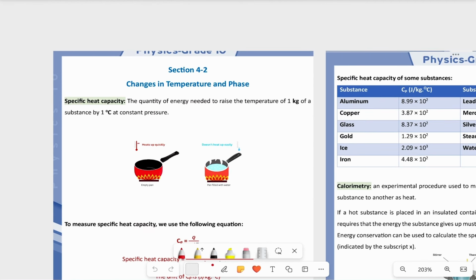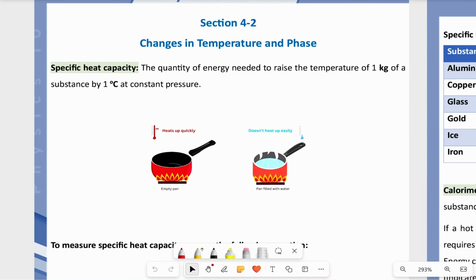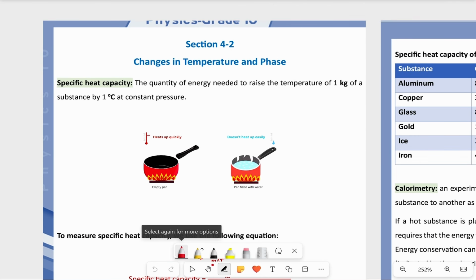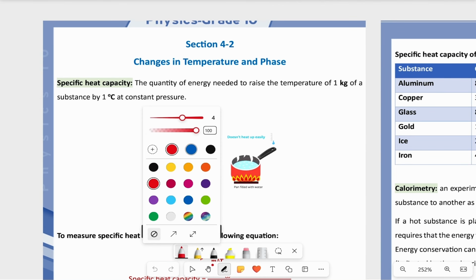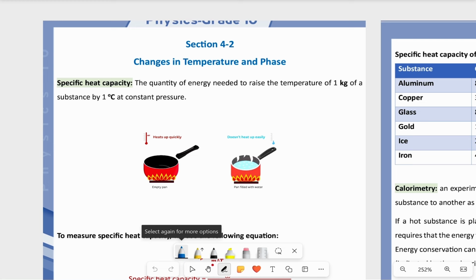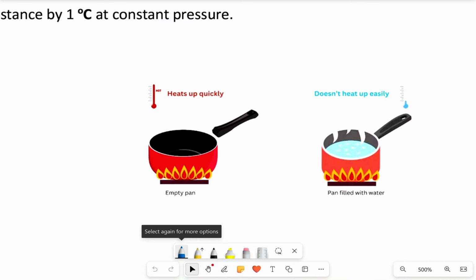We have section 2 from chapter 4, changes in temperature and phase. We have specific heat capacity. Specific heat capacity, guys, is the energy needed to raise the temperature of an object or a substance. Imagine you have an empty pan and you have a pan filled with water.